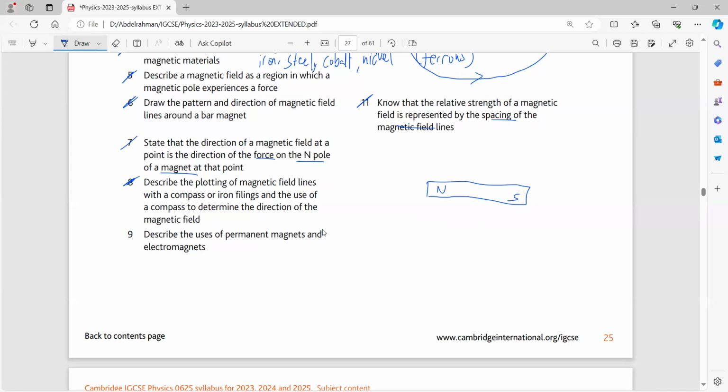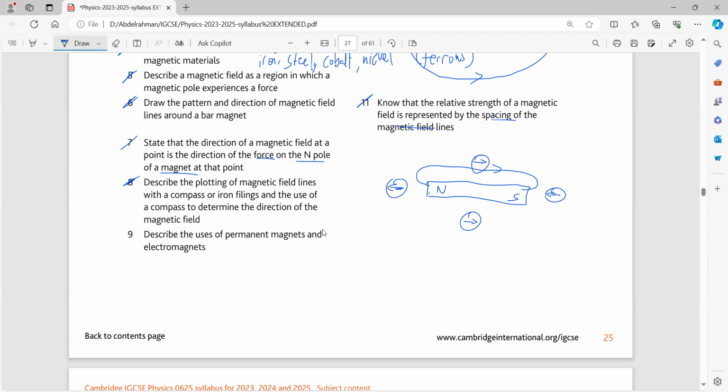We place the compass at several positions around the magnet. In each position, the compass will point in a certain direction. For example, this compass will point to the left, and this one will also point to the left, while these two will point to the right, indicating that the direction of the magnetic field is going from the north to the south this way.